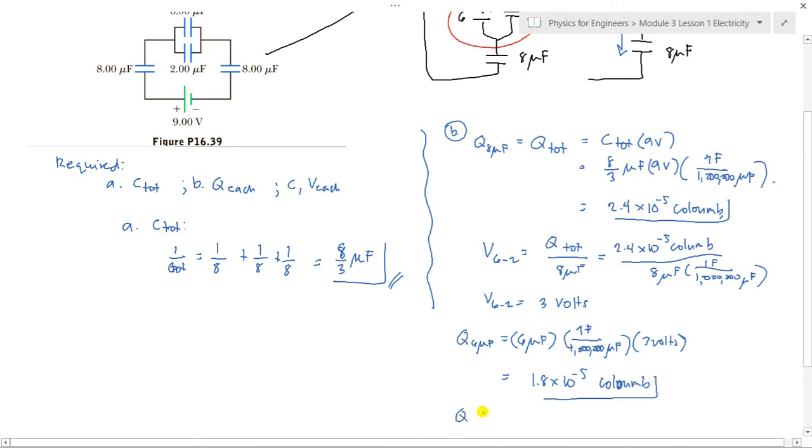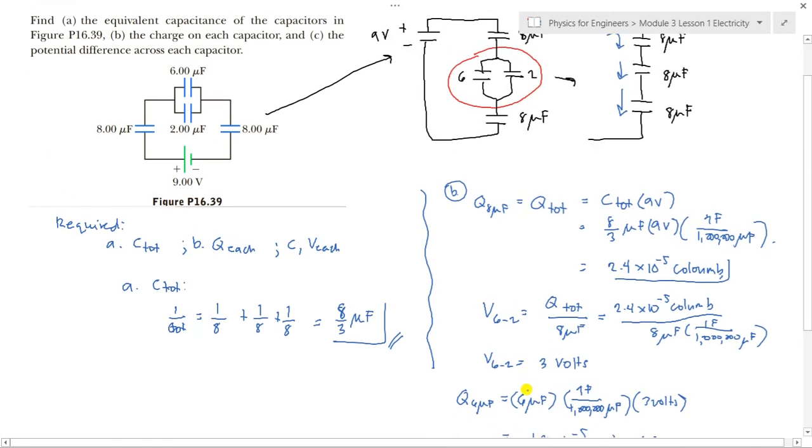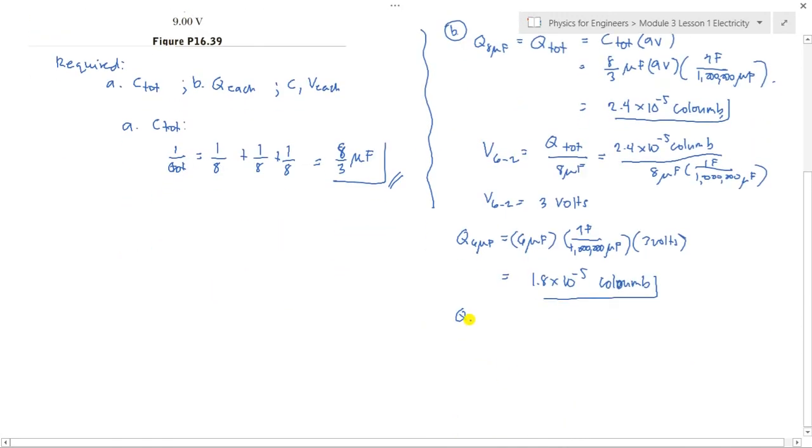And for Q at 2 microfarad, that is just equal to 2 microfarad multiplied by 1 farad over 1 million microfarad, multiplied by the same 3 volts, because they are parallel to each other.